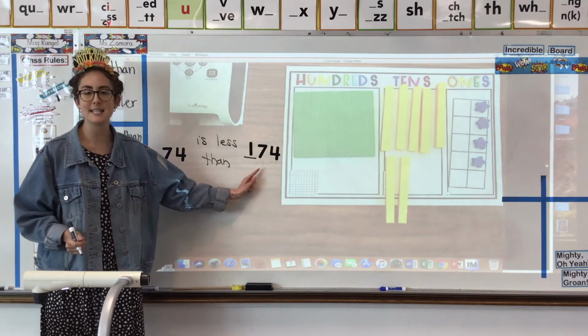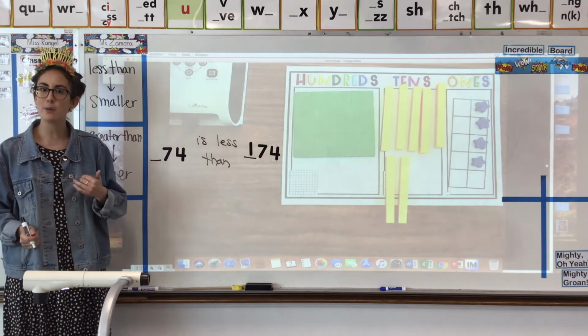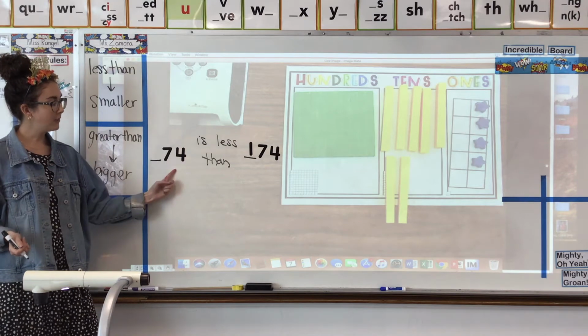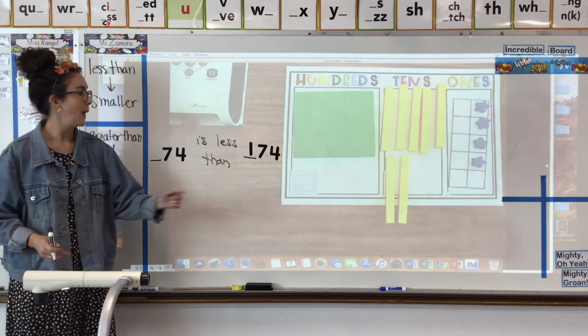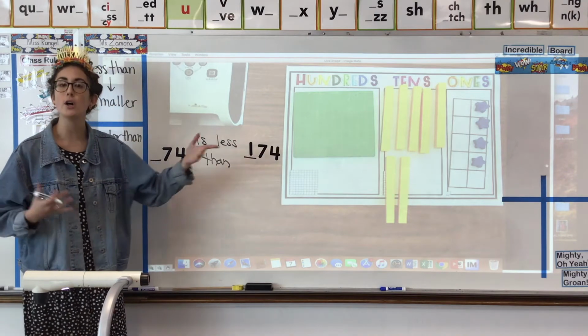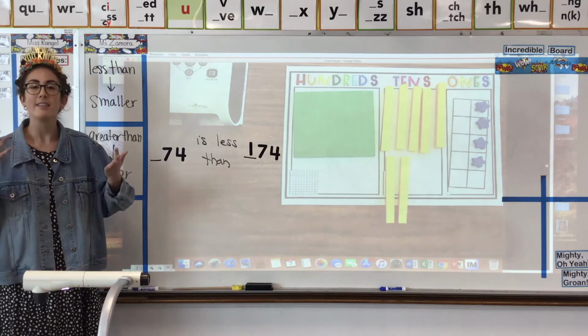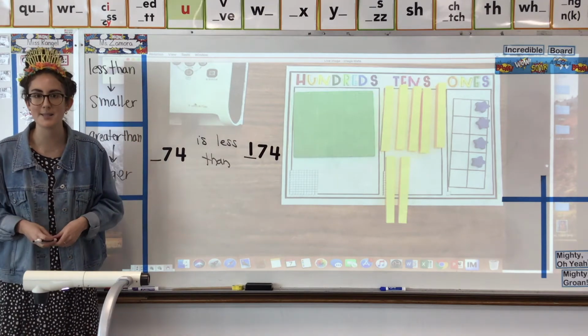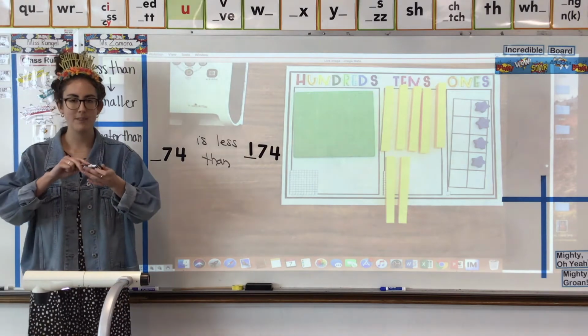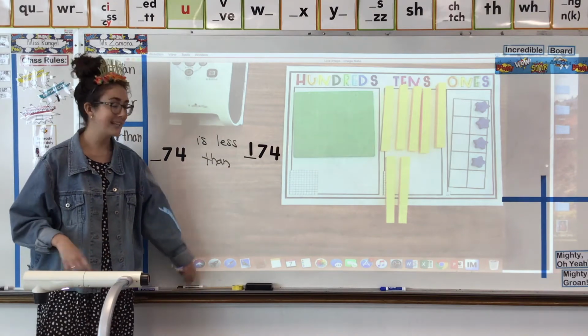Why this sentence is right. How do we know that? 74 is less than 174 because there's an additional 100. That is the reason why. We're describing because. Okay, this is only our first one, so let's keep practicing.